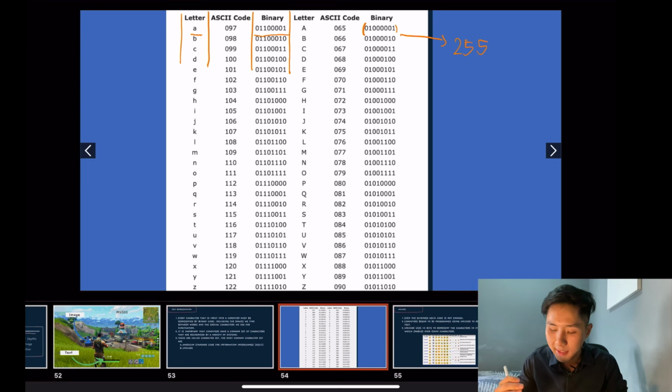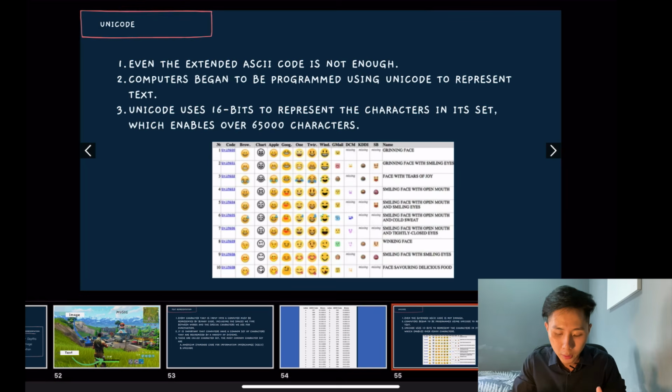But as we type different languages into our computer, such as French and Mandarin, we need more digits. So that's why Unicode was invented. It uses 16 bits instead of 8 bits to represent characters in its set, which enables over 65,000 characters, and these characters can be the emoji that we use day to day. So the two ways a computer represents text are firstly the ASCII code and also Unicode.